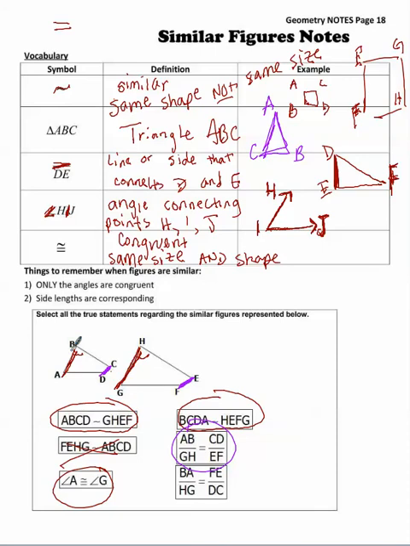And the last one, BA corresponds to HG, and it goes same order, top to bottom. BA, HG corresponds to, or is equal to, FE and DC.